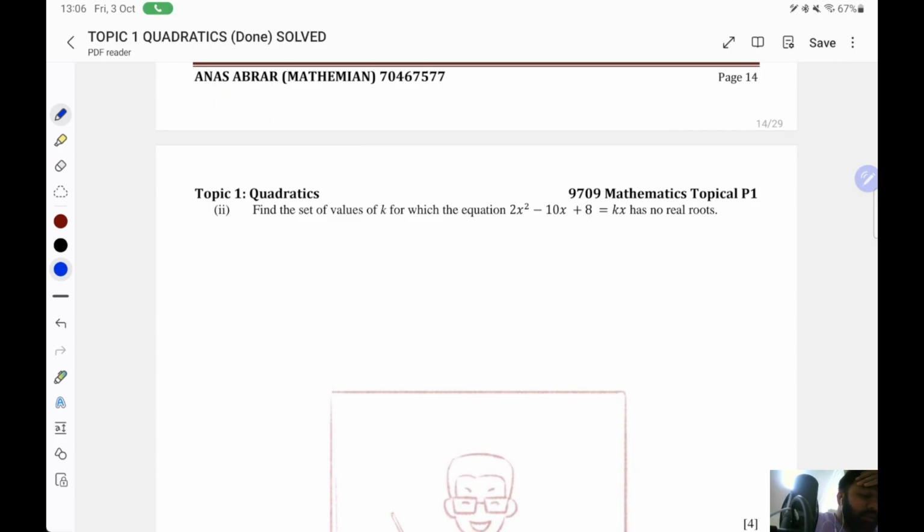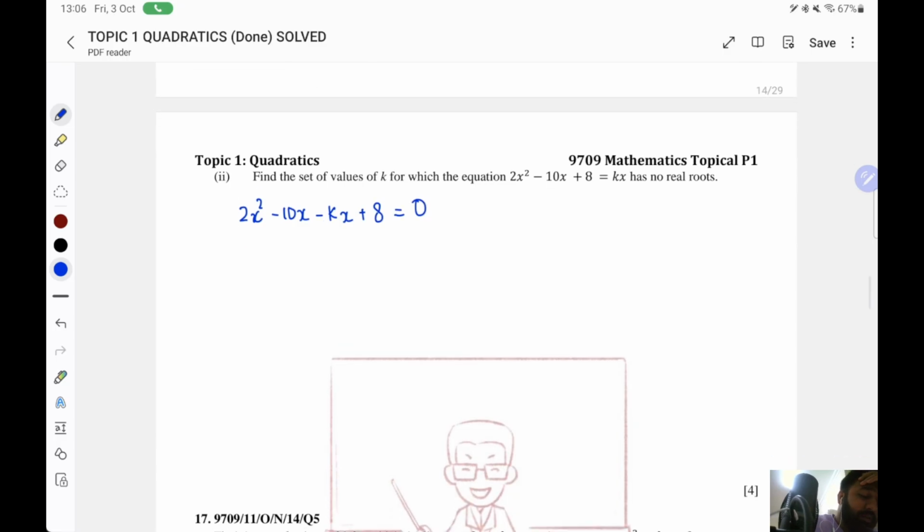So it will be 2x square minus 10x minus kx plus 8, and it is equal to 0. So the value of a is going to be 2, the value of b will be minus 10 minus k, and the value of c will be plus 8.